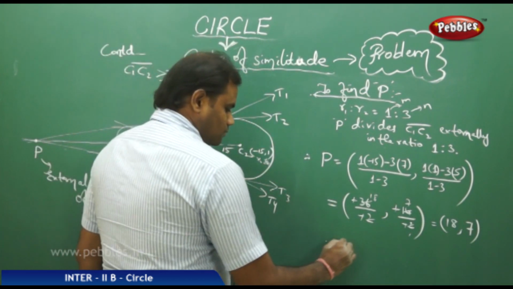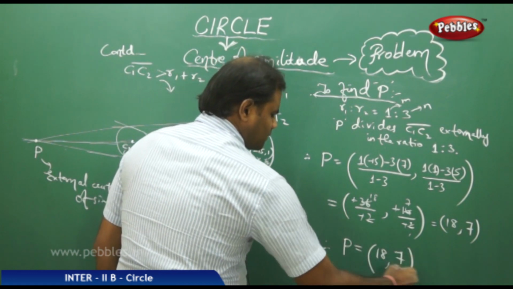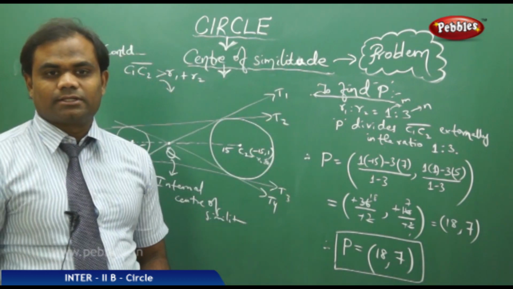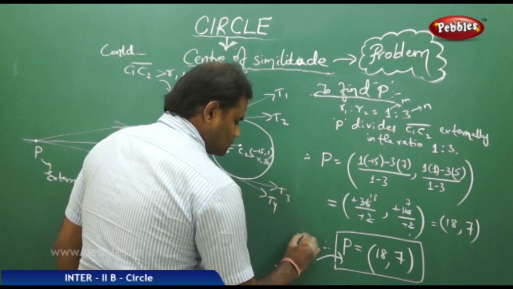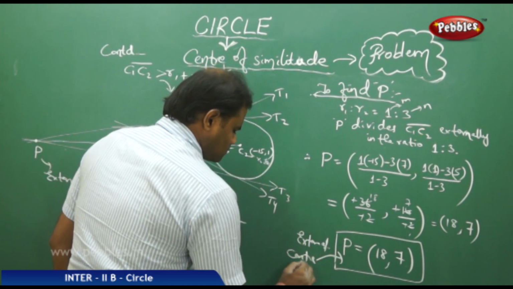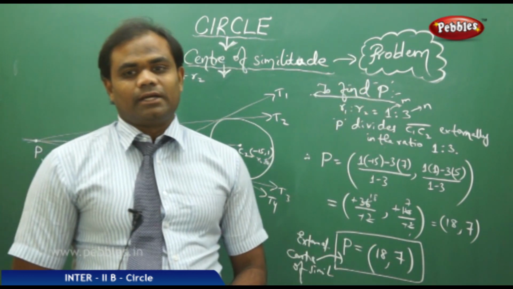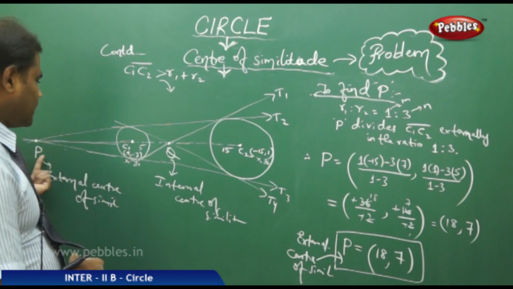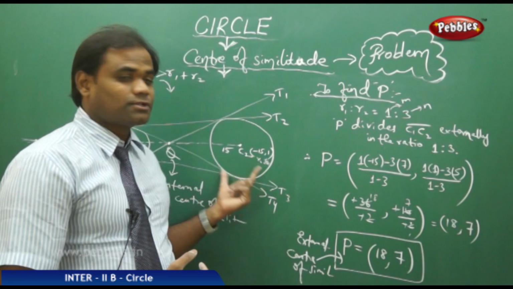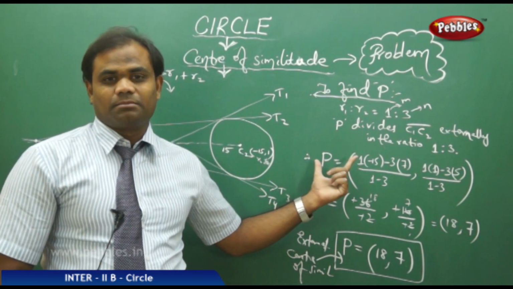Therefore, point P is 18, 7, which is called the external center of similitude. So this is how we find the internal center of similitude and the external center of similitude for the given relative positions of circles, and identify the number of tangents through this example problem.